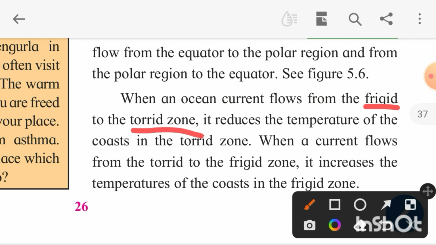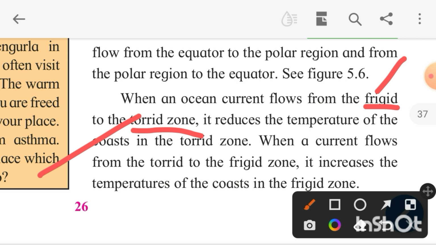So ocean current flows from the cold region to the hot region, and when it does, it reduces the temperature of the coast in the torrid zone. So it reduces the temperature of the hot region when the cold currents are moving towards it.